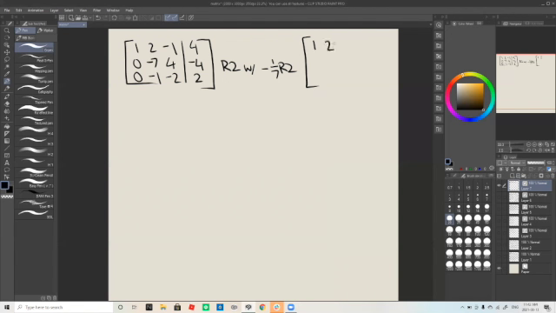Then we get 1, 2. The top row doesn't change. This row, however, since we multiplied by negative 1 over 7, this becomes 1. This becomes negative 4 over 7. And this becomes just 4 over 7.